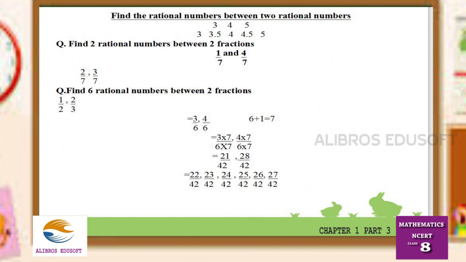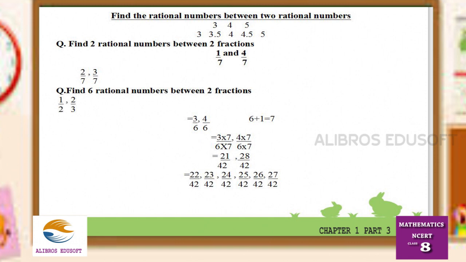Next question. Find 6 rational numbers between two fractions, 1 by 2 and 2 by 3.